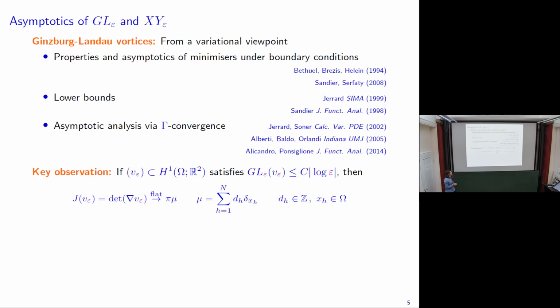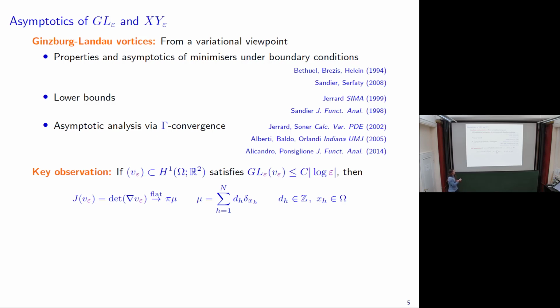The key observation here is that for the Ginzburg-Landau energy, whenever you have a sequence, let's say now in the continuum, of fields in H1 whose energy satisfies this logarithmic energy bound, then the Jacobian, which for these H1 functions can simply be thought of as the determinant of the gradient, converges in a flat sense to a measure which is a sum of Dirac masses centered in points in your domain and with some integer weights. Similar to the multiplicity that we saw in Adriana's talk before.